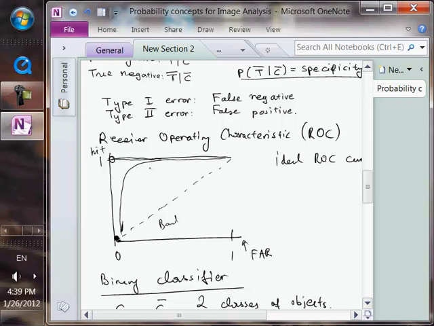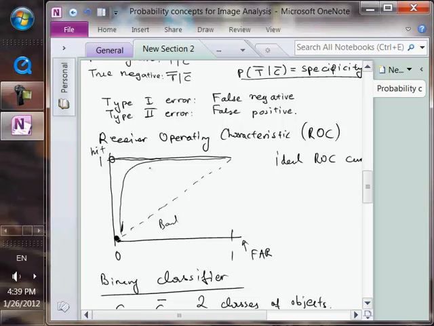Okay? Now, that receiver operating characteristic curve shows how good a system is, how well the system performs, and how robust the system is in detecting whatever you need to detect. And the better the system, the closer this curve is going to be to the ideal.